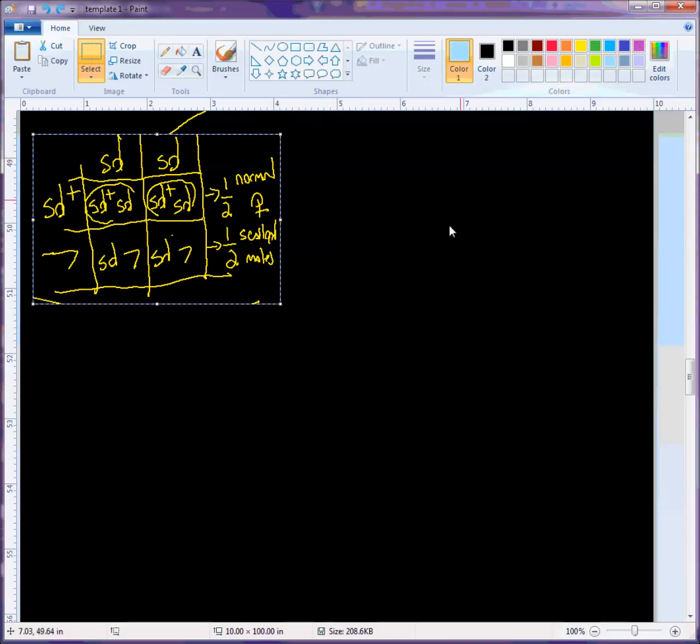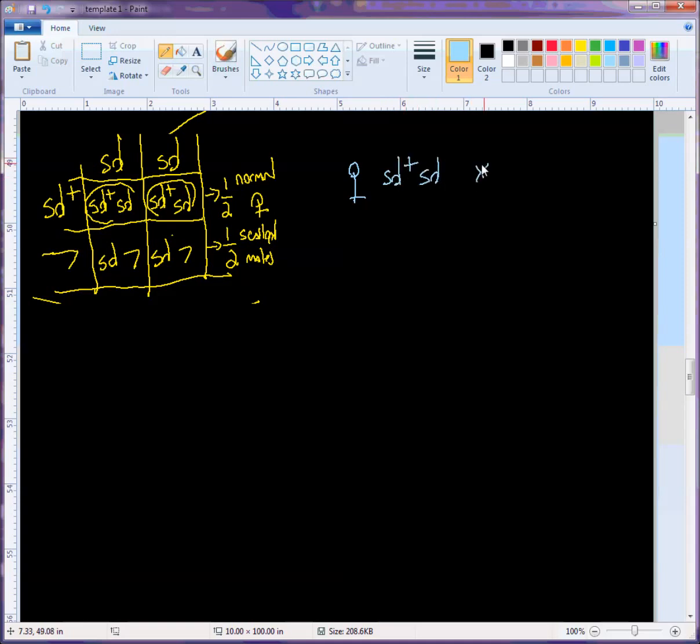Now I'll change the color here. So what we're going to do is cross these normal females here, all with the same genotype, to these scalloped males. Now this is the F1 cross from part A.